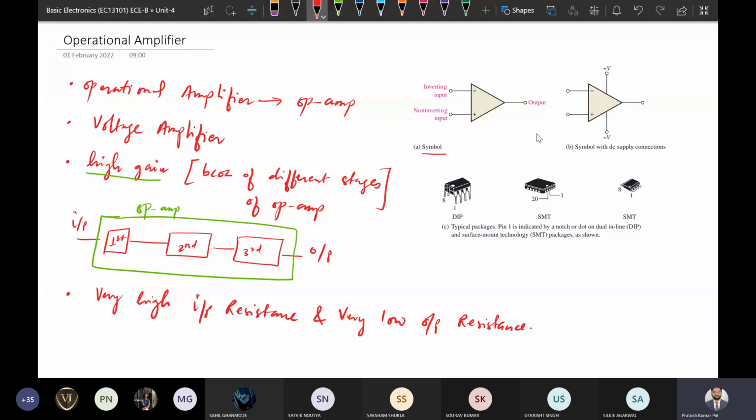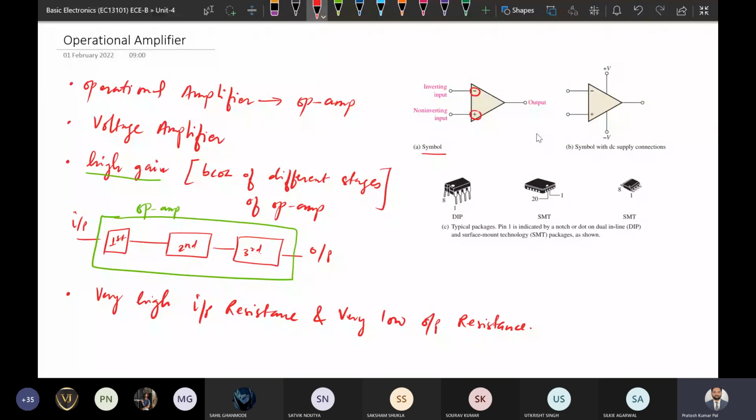Here it has two different inputs. One input is represented by a negative symbol, and another input is represented by a positive symbol. The input with the negative sign is called the inverting input, and the input with the positive sign is called the non-inverting input.